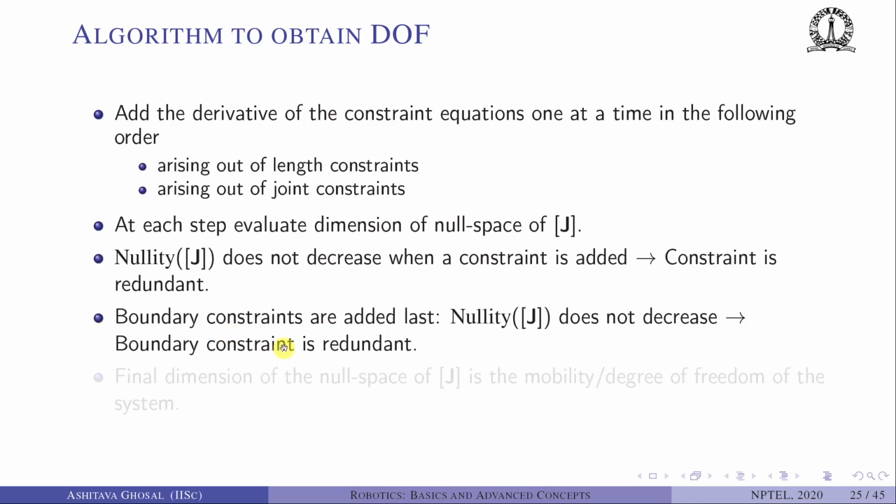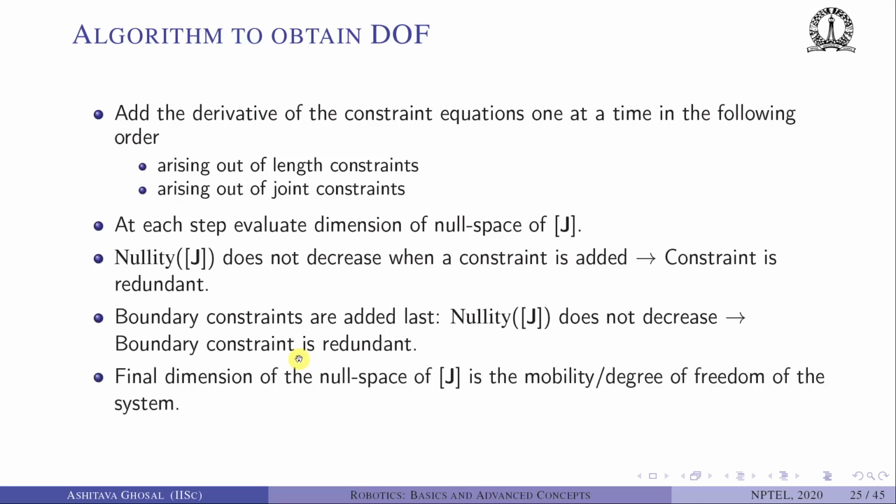The boundary constraints are added last, and if the null space of the Jacobian does not decrease when you add the boundary constraint, that particular boundary constraint is redundant. Boundary constraint means where it is fixed.